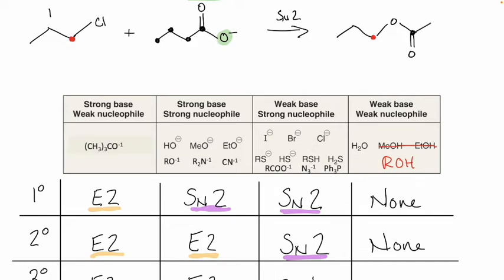So 2 different things, right? I start out with 3 carbons on my substrate, that were these 1, 2, 3 over here. But I also got to make sure to include the 4 carbons, 1, 2, 3, 4, that were on my nucleophile.